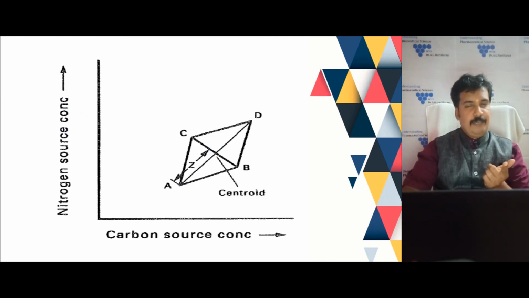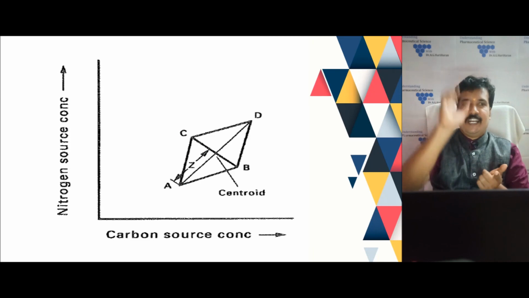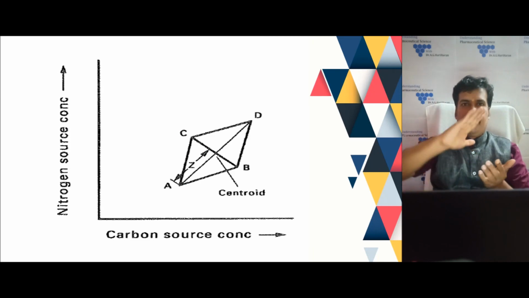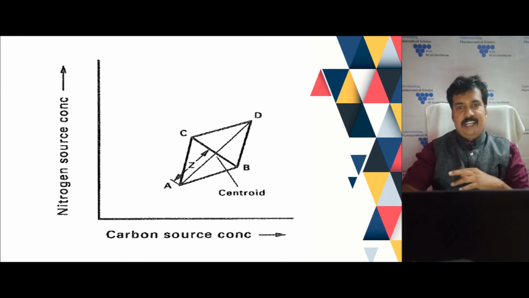The point D becomes a new experiment because it has a value of a carbon source and a nitrogen source. So the ABC equilateral triangle now gets a reflection called B, C and D. You can see this from the figure also.